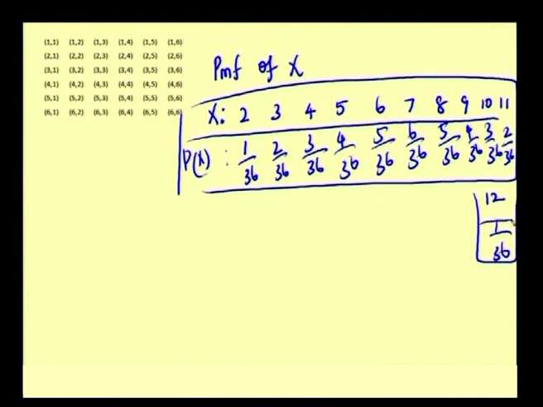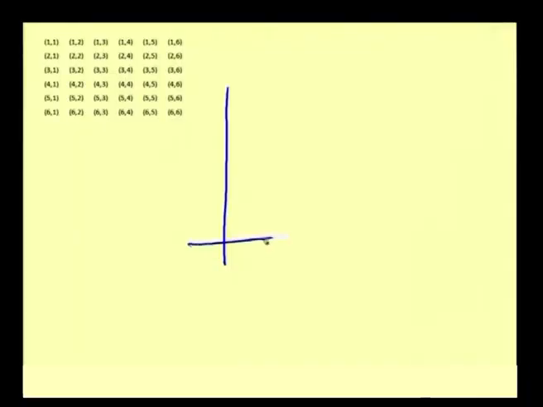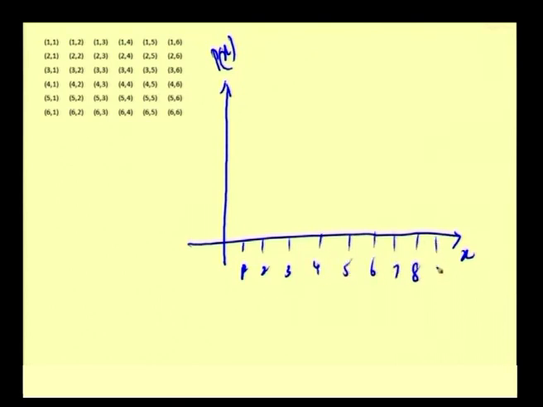Okay. Let us see how the probability chart is drawn for this problem. Take the x axis and the corresponding P of x axis. Mark it as 1, 2, 3, 4, 5, 6, 7, 8, 9, 10, 11, then 12.